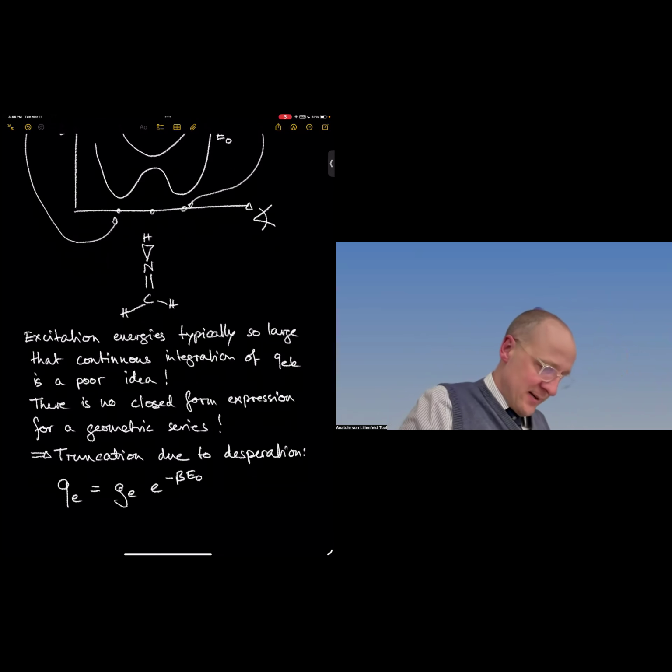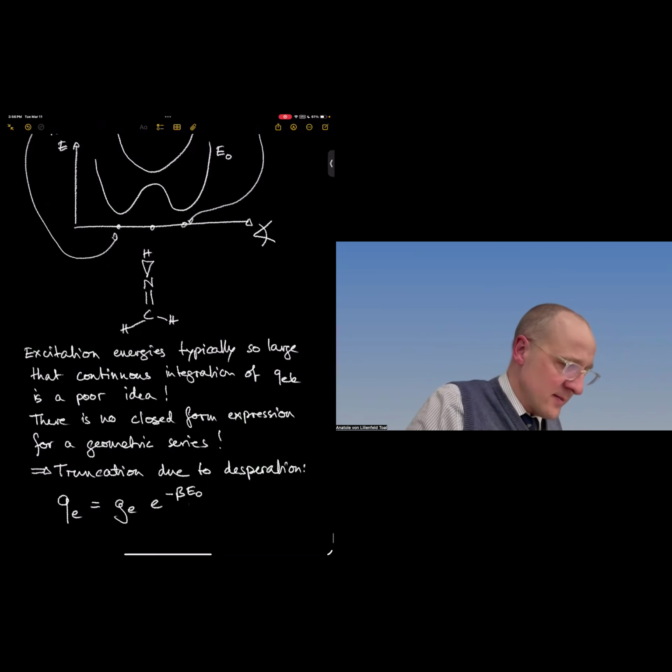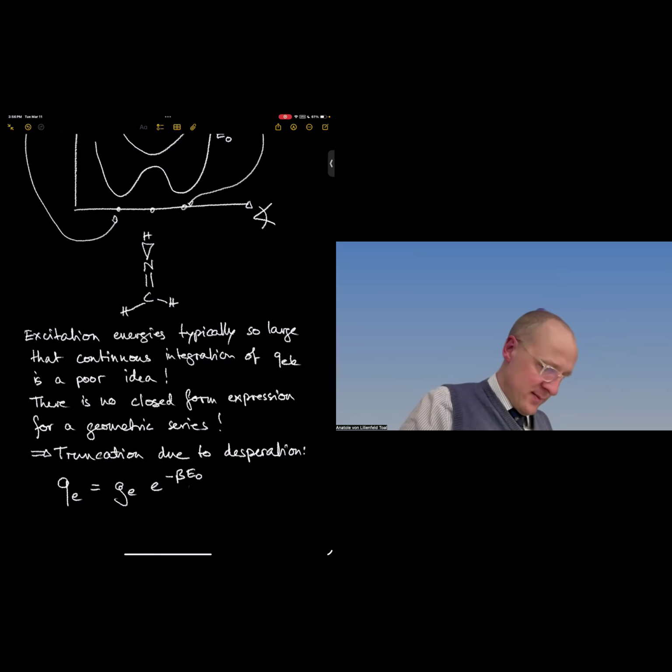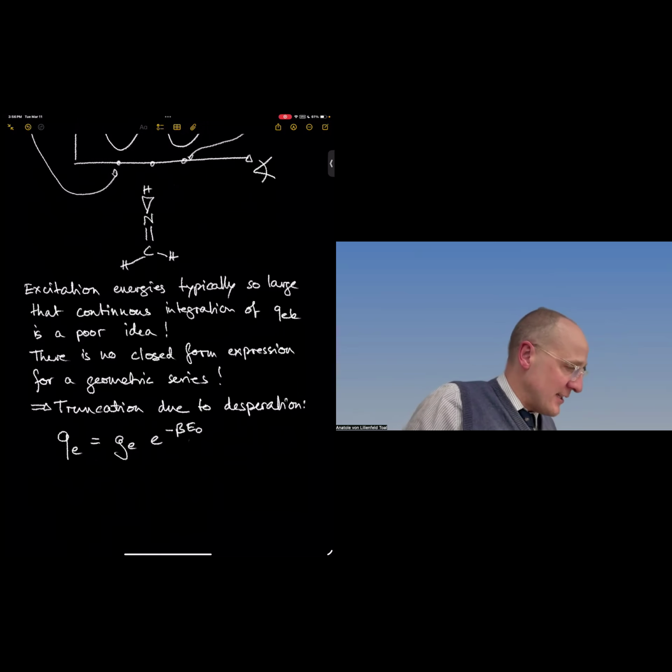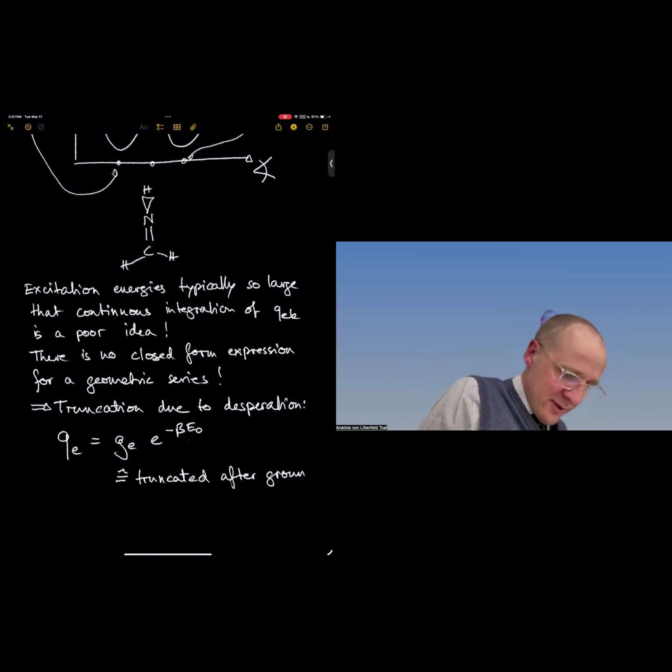And that's your ground state electronic ground state energy. So truncated after the ground state.